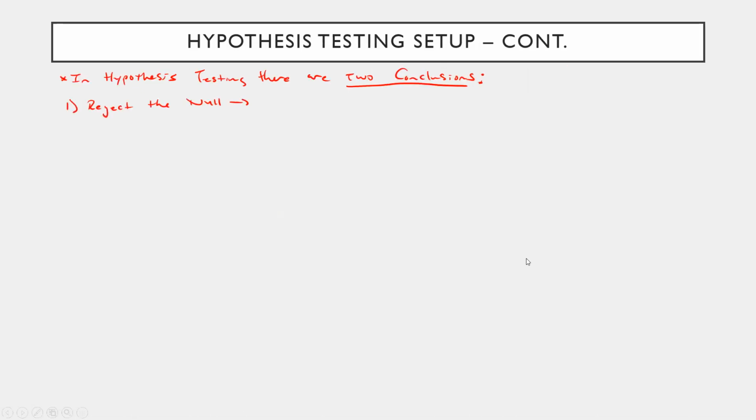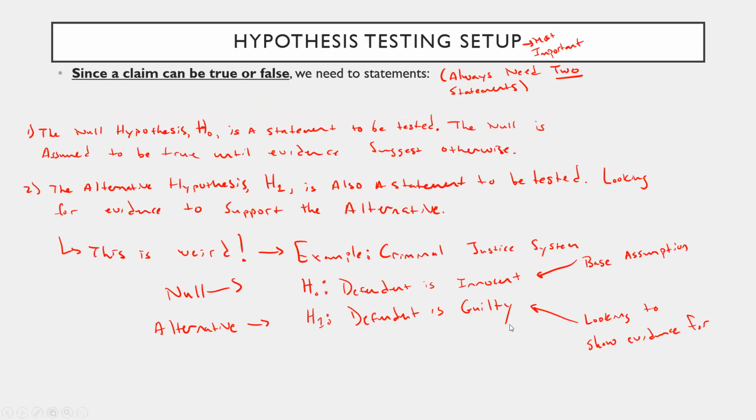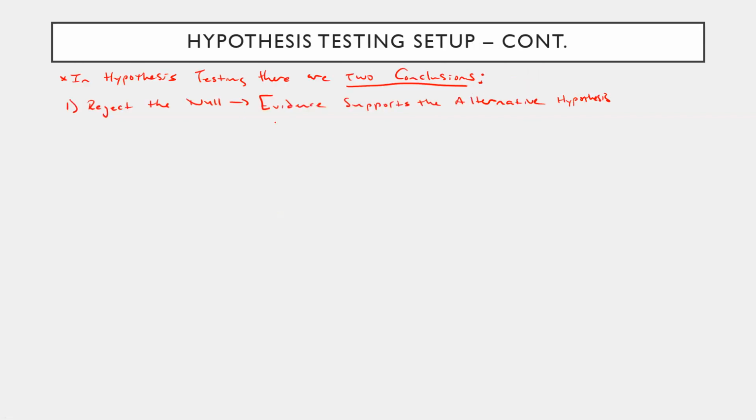So when you reject the null, the evidence supports the alternative hypothesis. In the criminal justice system example, this is very akin to saying the defendant is guilty.